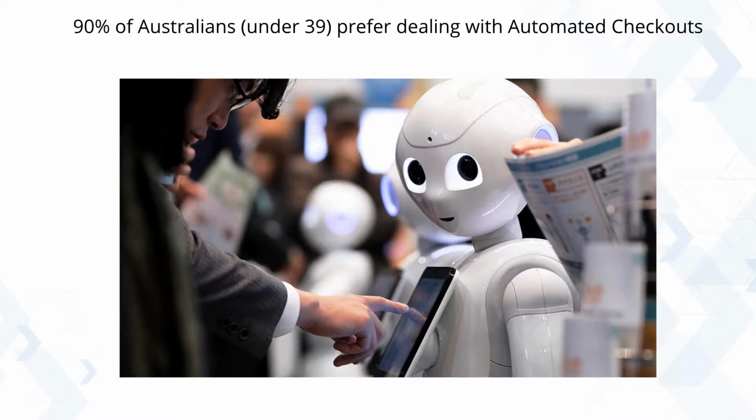I'm sure most people listening would prefer dealing with an automated checkout than having to speak to somebody and be nice and put on a face, especially if you're feeling sick or afraid of catching something. Sometimes you just want the quick service. You don't want to hassle somebody with your problems, you just want to figure it out yourself. This is quite evident in how people prefer to deal with brands moving forward.